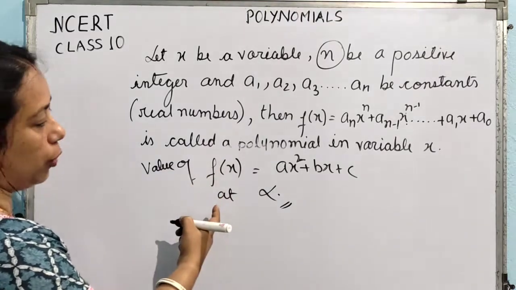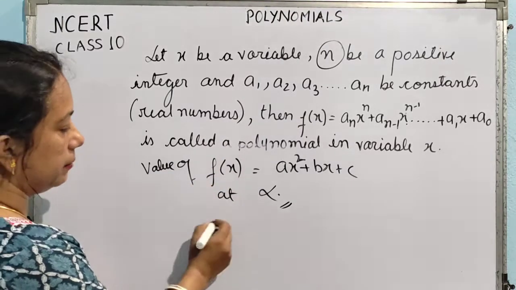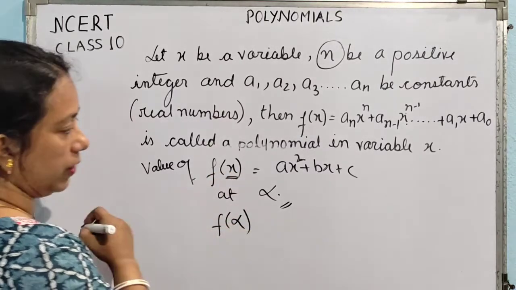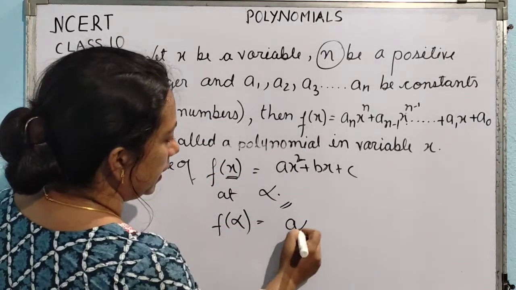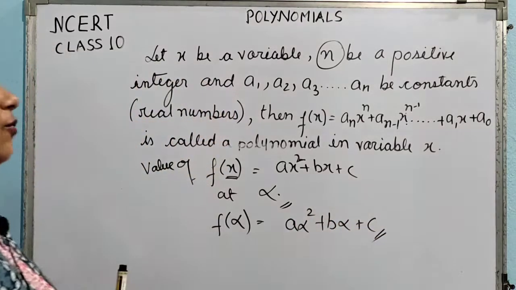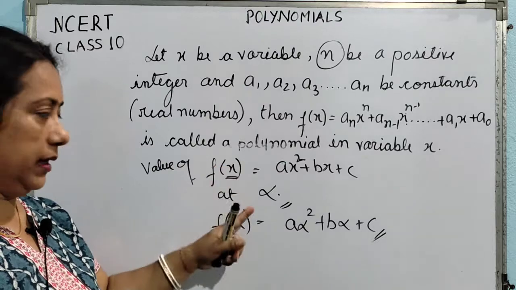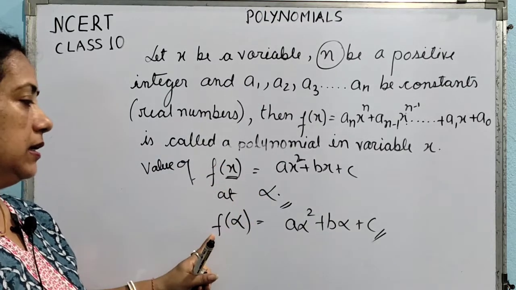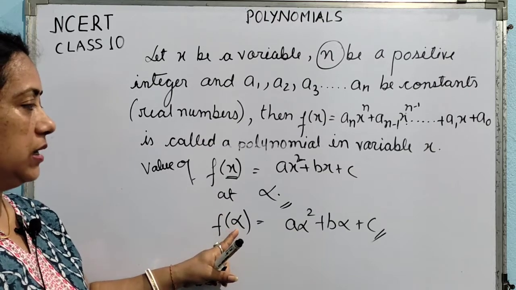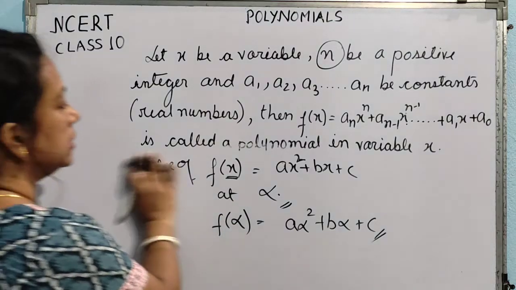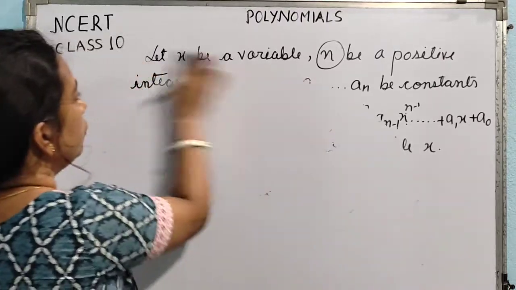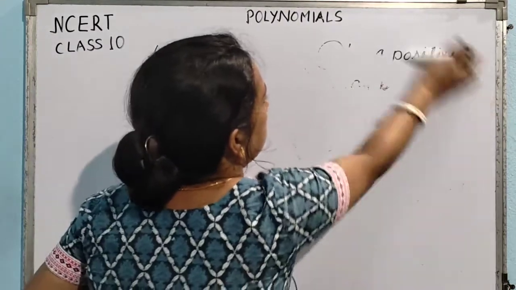So the value of a polynomial at a particular point is just f of that particular point. Suppose a quadratic polynomial is given to you and you are asked to find the value of that polynomial at some particular point.